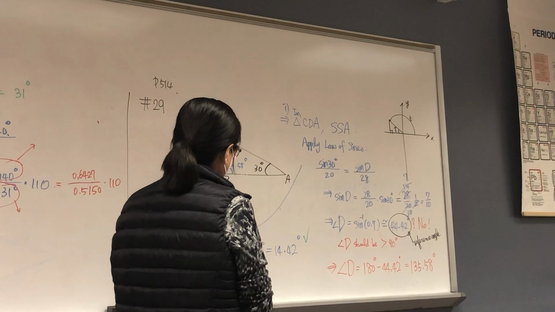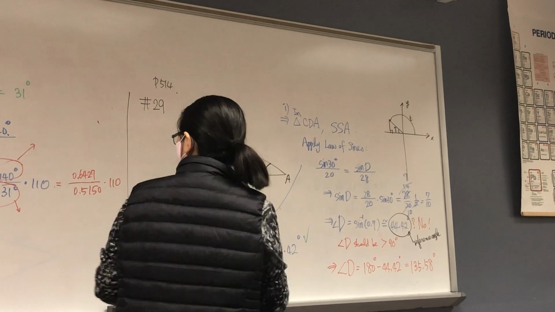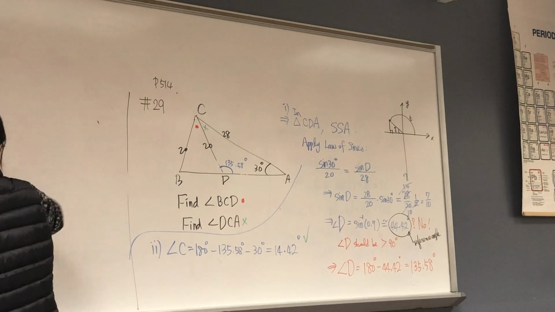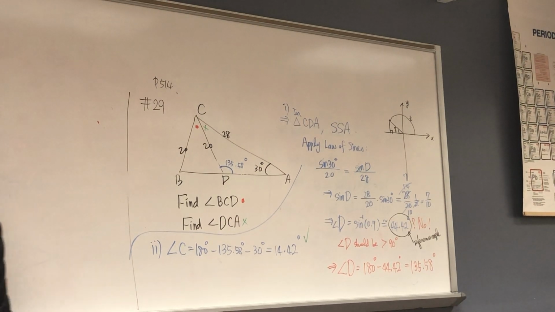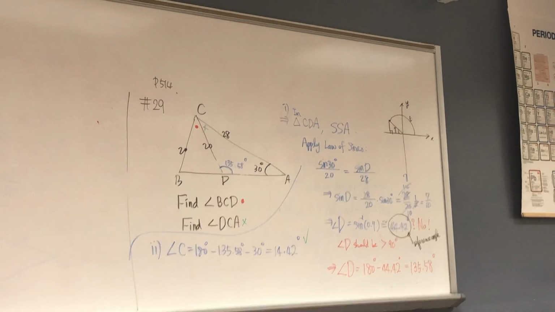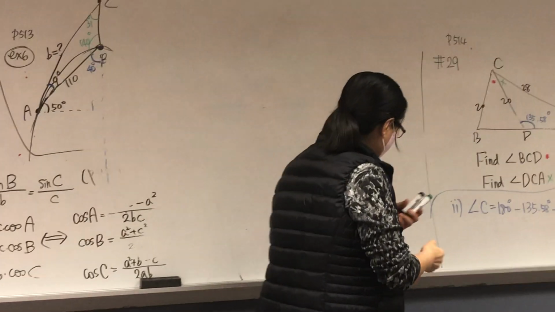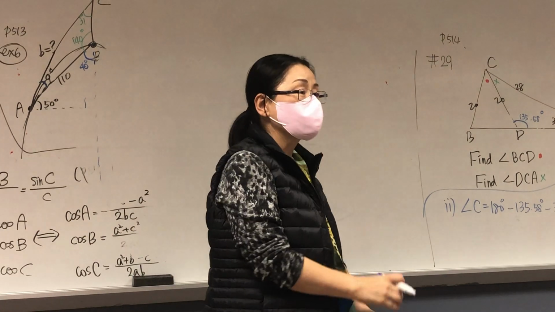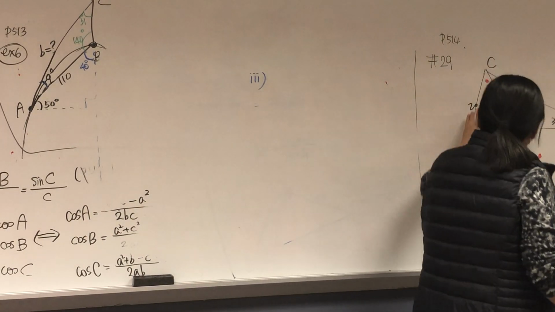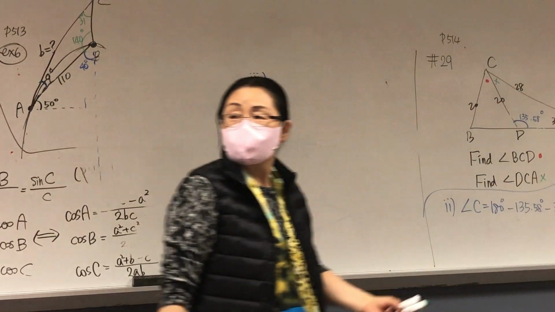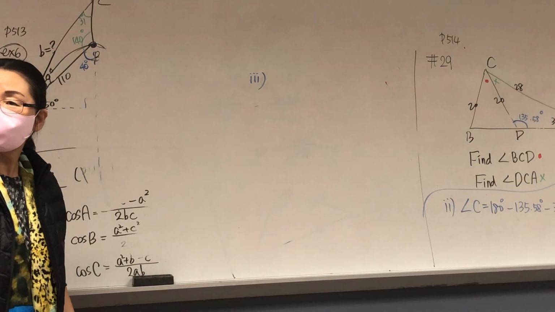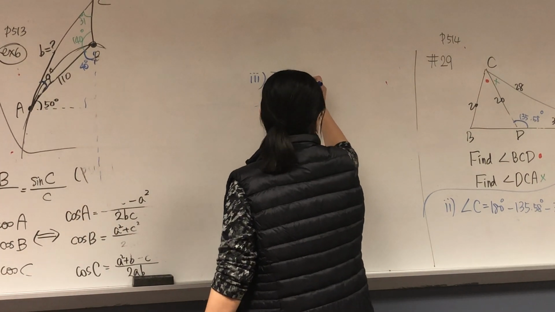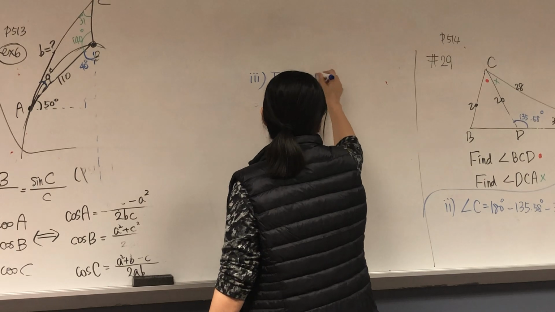Okay, now how do you find the red one? There are many different ways you can go, but here think about this triangle. It is an isosceles triangle, am I right? I want to do it this way.